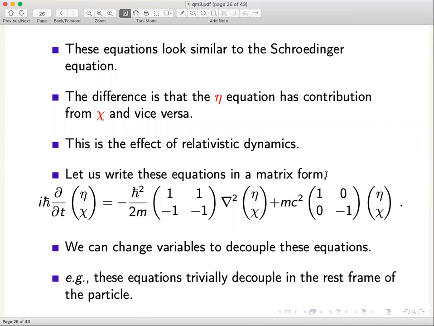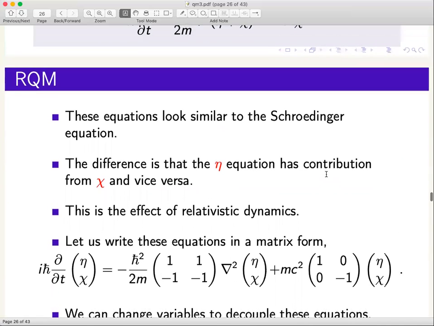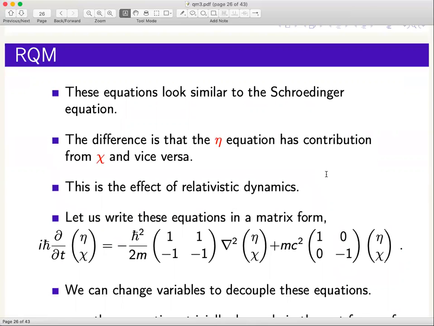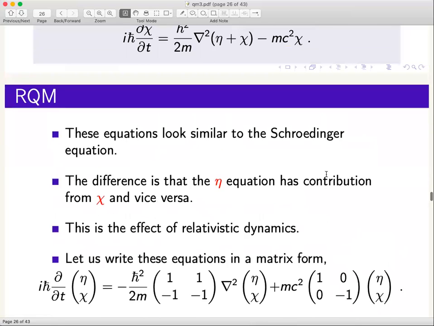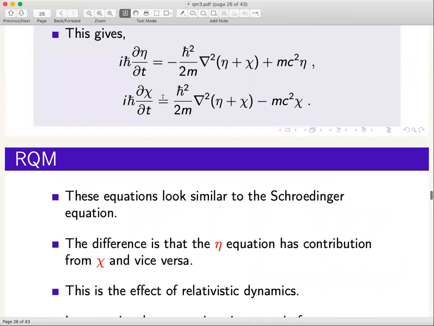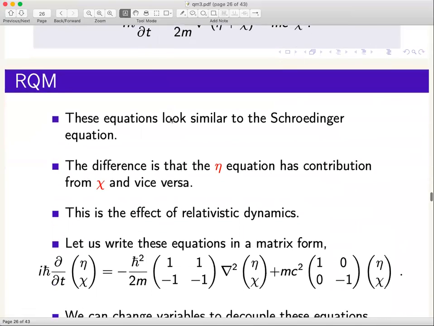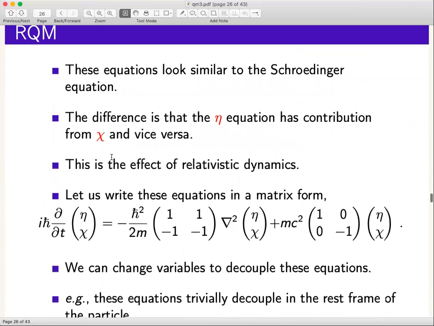Of course, you don't have to write it in a matrix form to realize that the equations are not decoupled. We could see it right here also: the eta equation has a chi and vice versa. But writing in the matrix form makes you think that you can try diagonalizing these matrices.